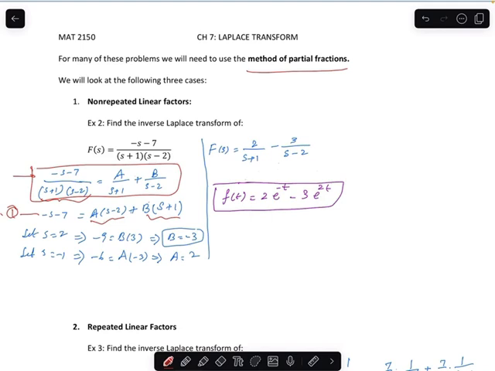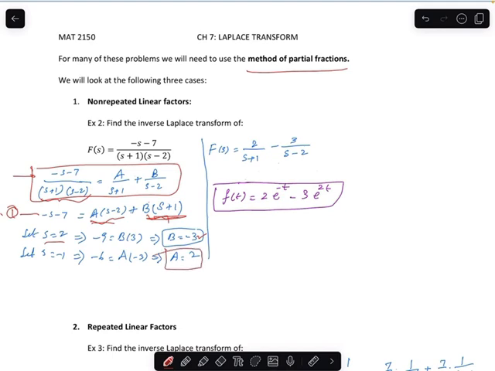When we pick s equal to 2 and plug into equation 1, we end up getting negative 9 equal to B times 3 because the first term is 0, which gives us B equal to negative 3. Now we plug in s equal to negative 1. Now the second term becomes 0, and on the left we get negative 6 equal to A times negative 3, which gives me A equal to 2.